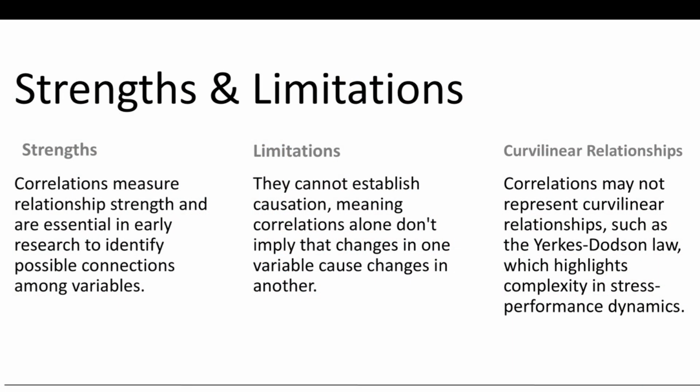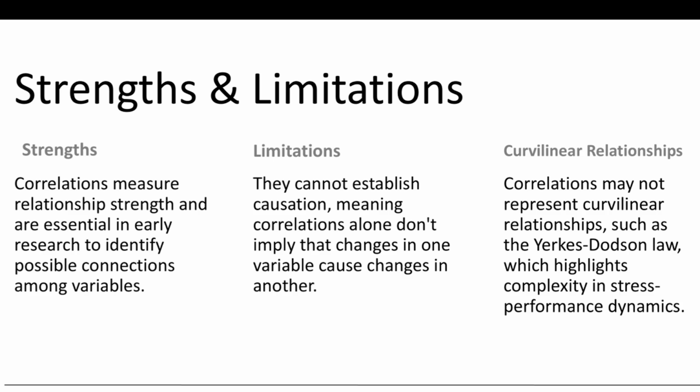Okay, do they have any limitations? Oh, it certainly does. The major limitation is it cannot show cause. It's only showing us a relationship. The other problem is correlations cannot measure what we call curvilinear relationships.